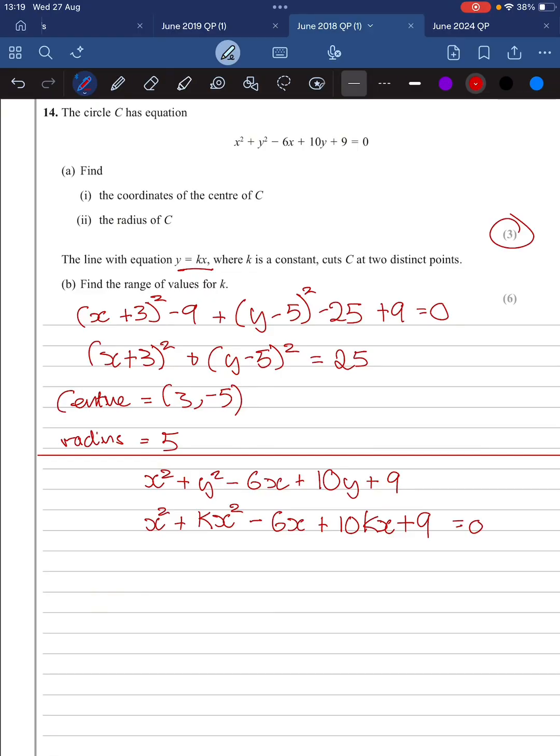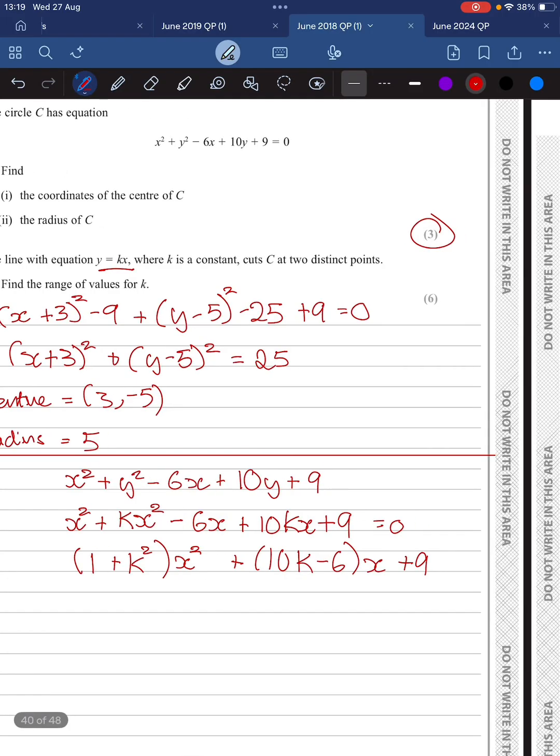We would try to solve it a little, okay. Actually, I think that's alright, to be honest. In looking at it, we can solve it. So if we try to solve it, we would be left with 1 plus k squared x squared plus 10k minus 6 x plus 9.